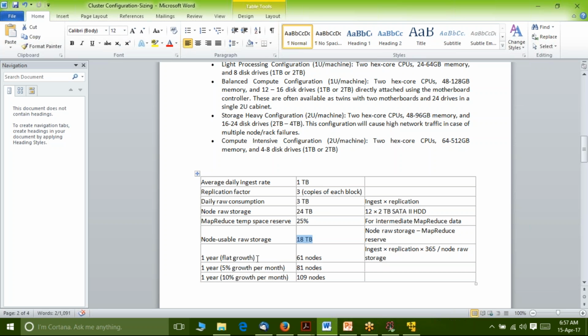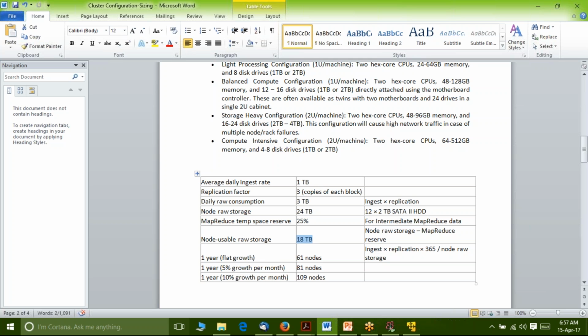So 1 year of flat growth. How much does it come to? At an average of 1 TB per day, for 1 year you will have 365 TB required. You agree with my point?